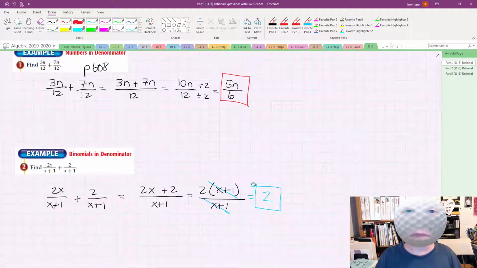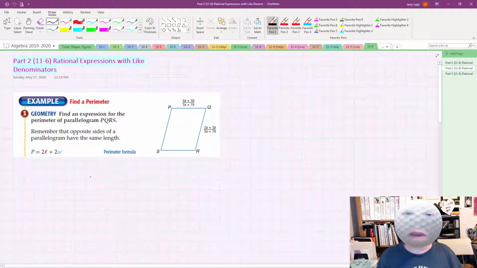Okay, moving on. Here we have a perimeter. We have a parallelogram, PQRS. And remember that just like a rectangle, the opposite sides of a parallelogram have the same length.